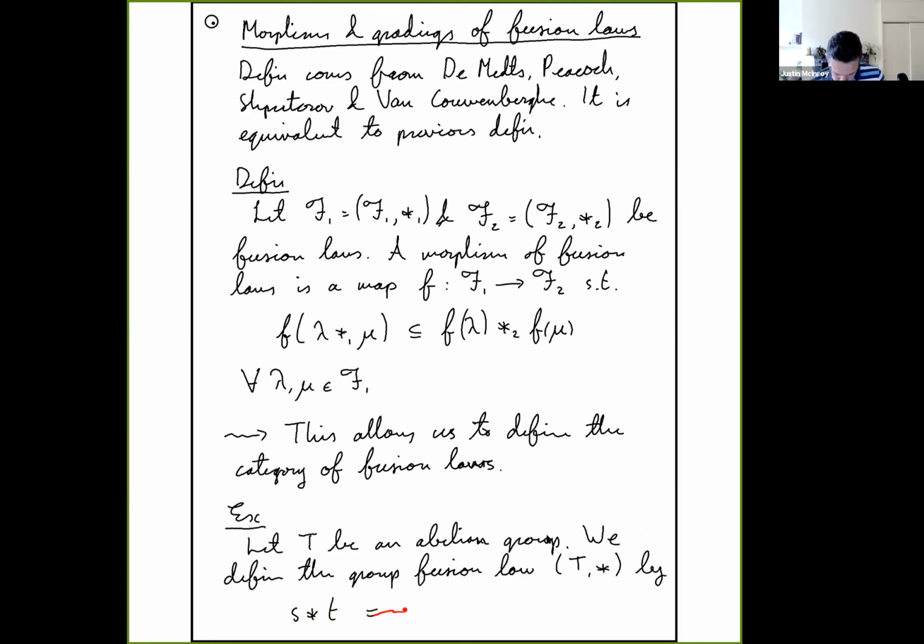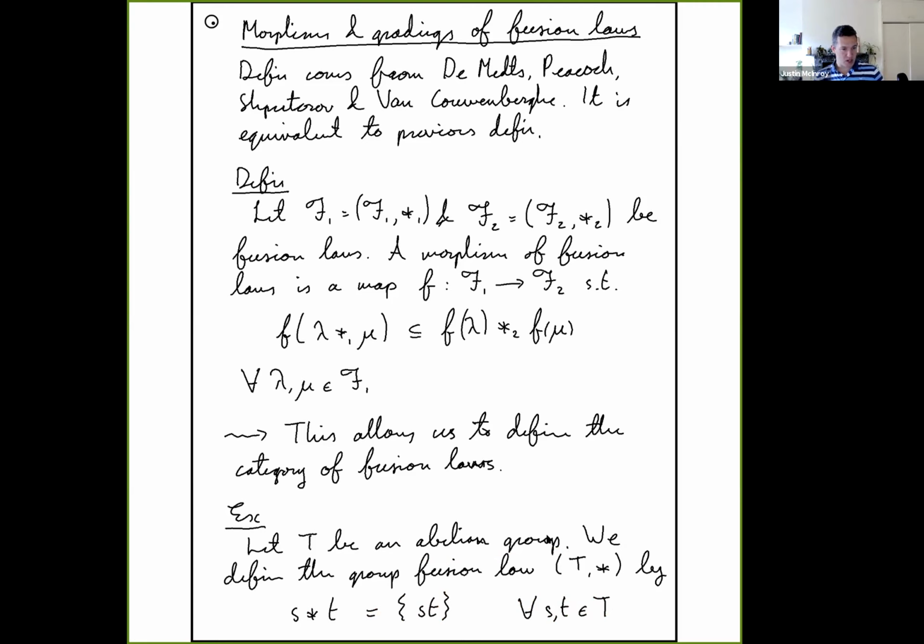So this product is just going to be the set which contains the single element s times t. Okay, so that is another fusion law. So I now have lots of examples of fusion laws, one for every abelian group.